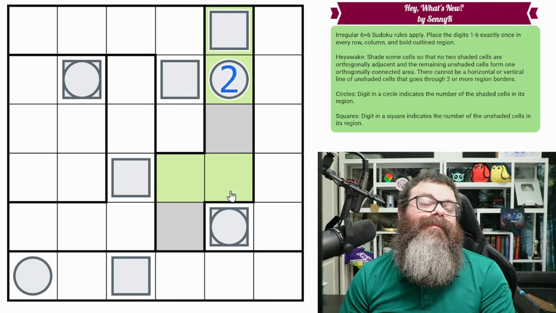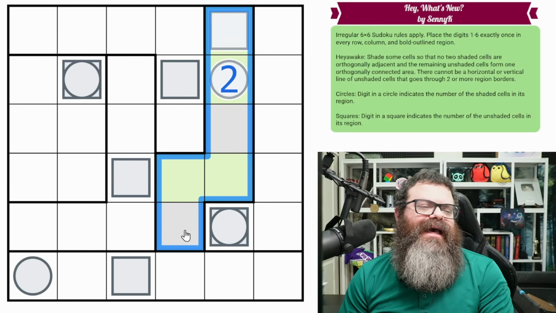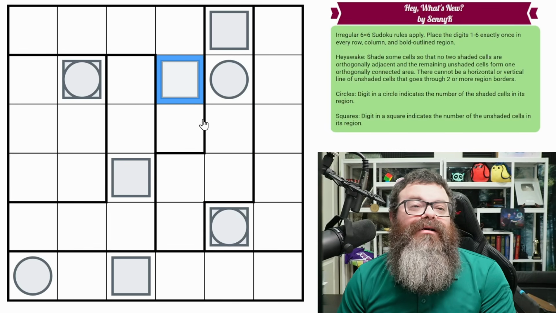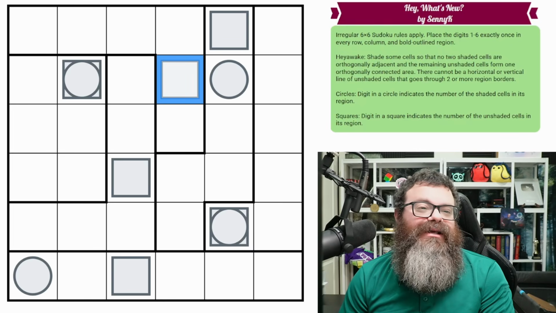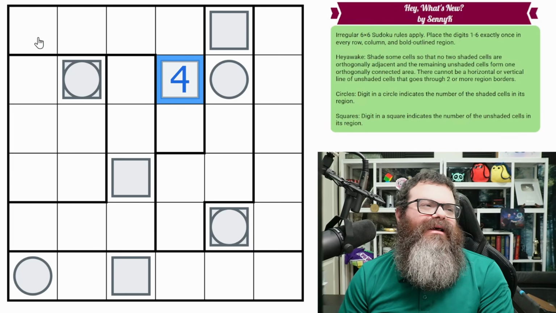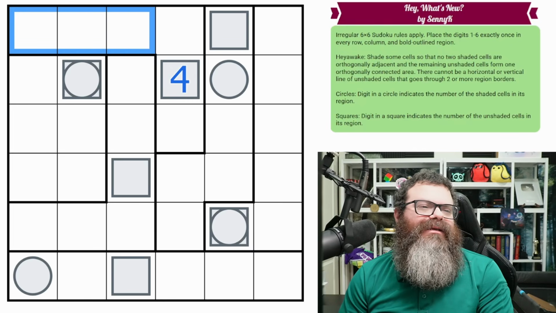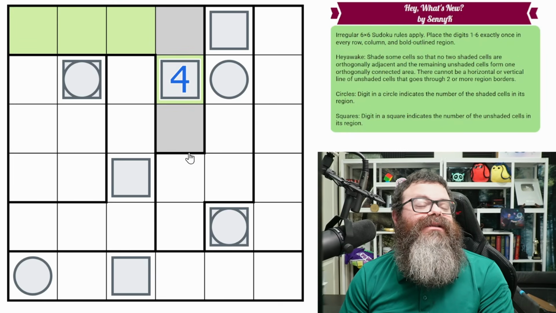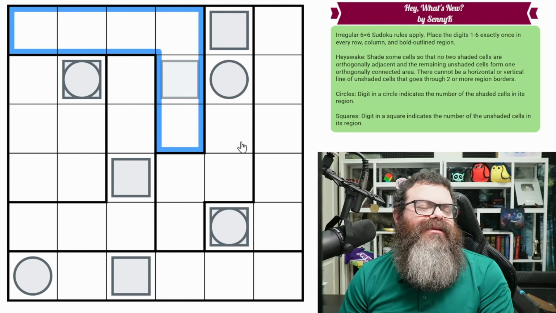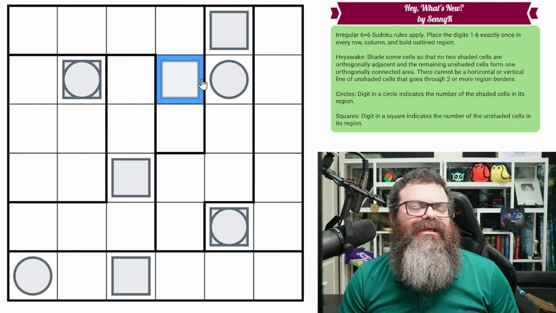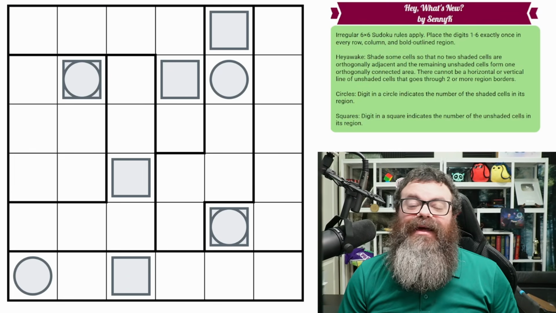This region goes up to here. So a 2 would mean that. Now, the squares are unshaded. They count the number of unshaded cells. So if this was, say, a 4, then we might have, I don't know, these unshaded and then these 2 shaded. So it's kind of the inverse. We're either counting the shaded cells or the unshaded cells in that region. And that's it. Those are the rules.